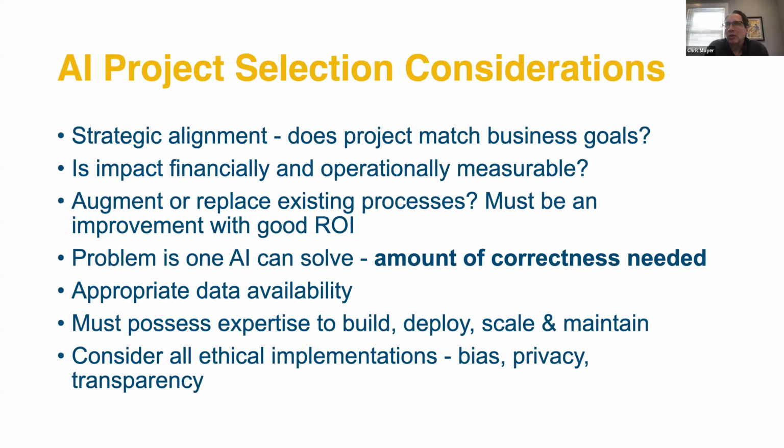So I'm not going to run through all these bullet points. A lot of these will be familiar to you. Does the project fix some sort of business goal, things like that? We're all used to these for regular software projects. What we're not used to is having to consider how much correctness do you need? Does it need to be right?